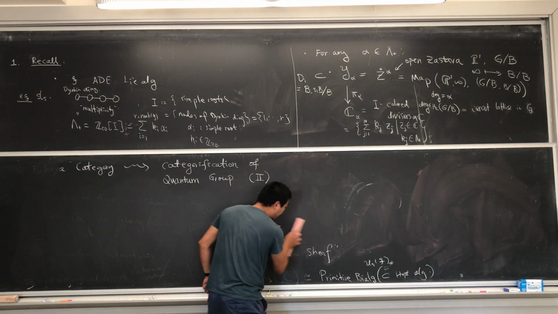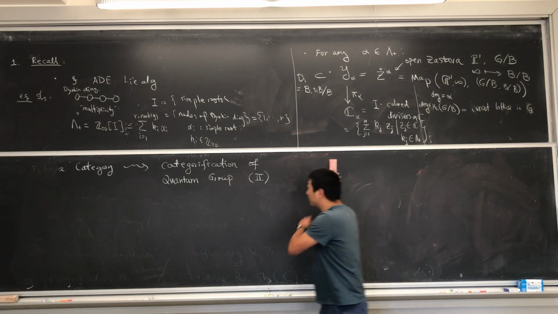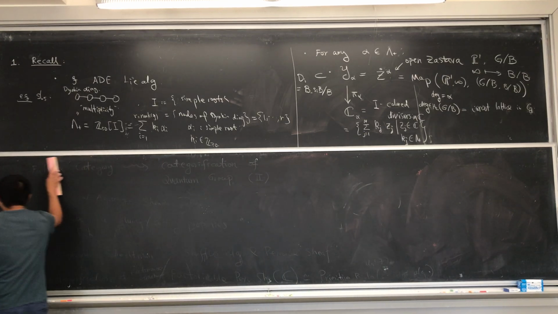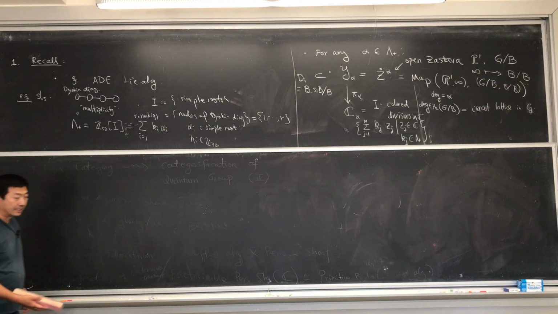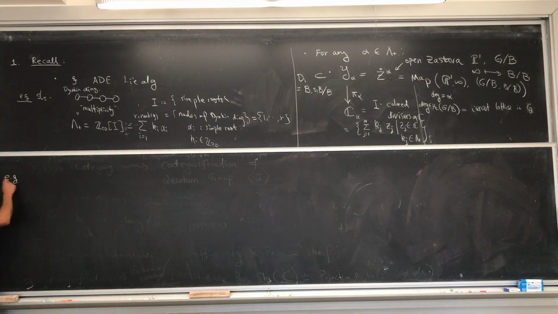So last time I only talked about the SL2 case, but I just want to begin today's talk with this general setup to show that all the things we say can be generalized. So let's still go back to SL2.